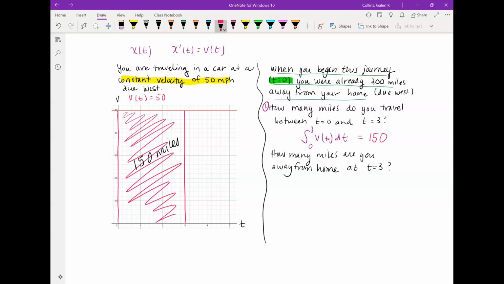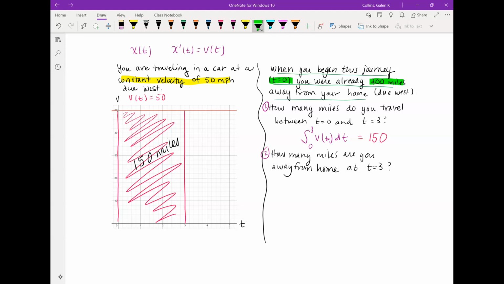The second question is also something we could answer in our last unit. How many miles are you away from home at time t equals 3? Now it's important that we go back and remember that when t was 0, we were already 200 miles away from home. And in the problem, we're told that we're continuing to travel west.